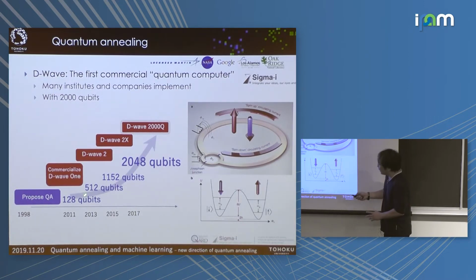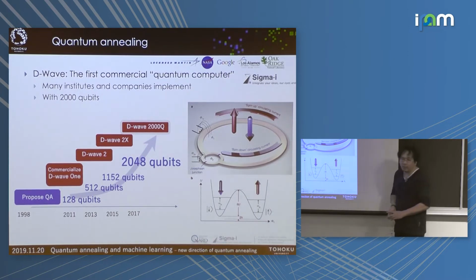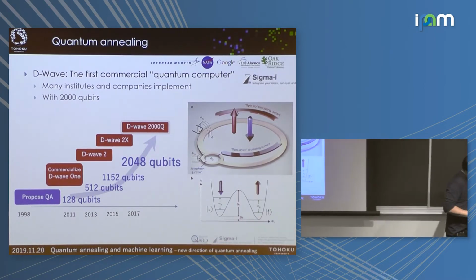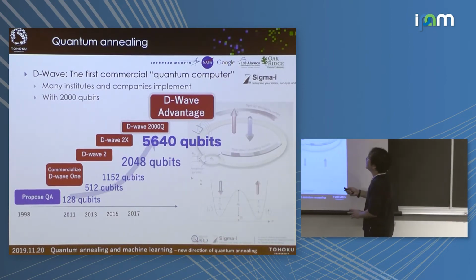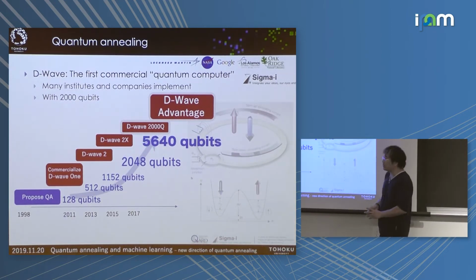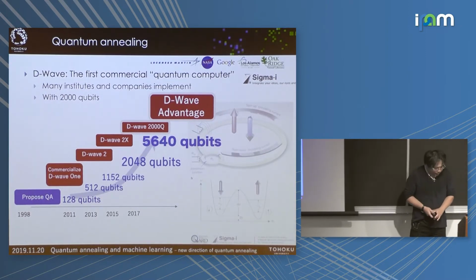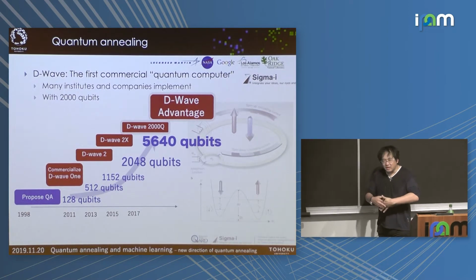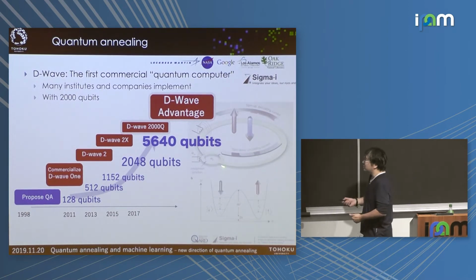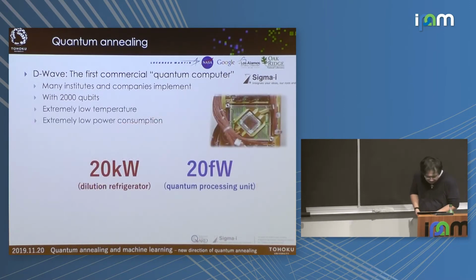The current version is 2048 qubits. The next version will be implemented with 5,000 qubits. The name will be the D-Wave Advantage, with a more dense graph on the chips and some improvements.